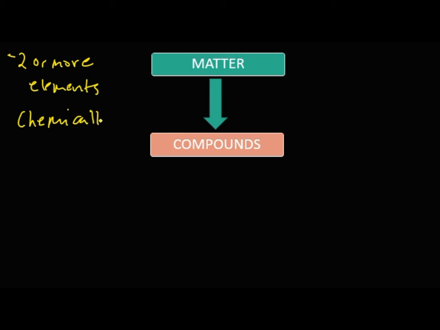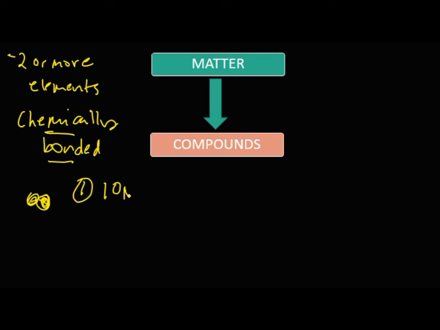When we say chemical bond, that means there is an electrostatic force that keeps the two atoms together, or a group of molecules together. So it's an electrostatic force, the chemical bond. Now, chemical bonds can be classified into three.